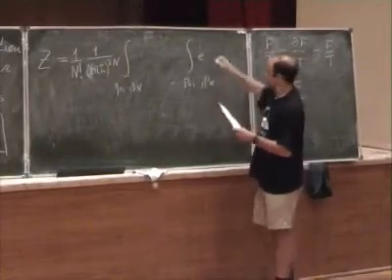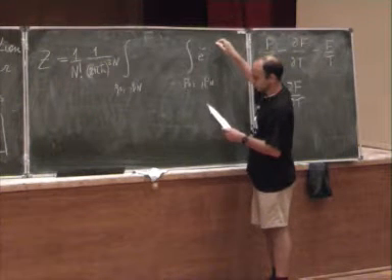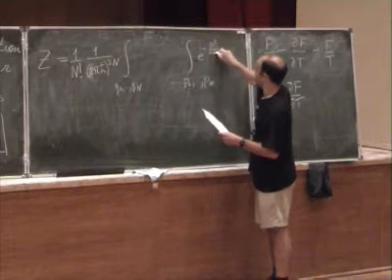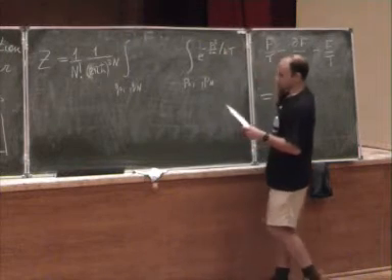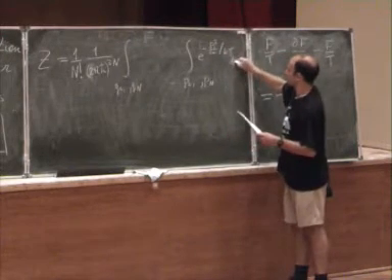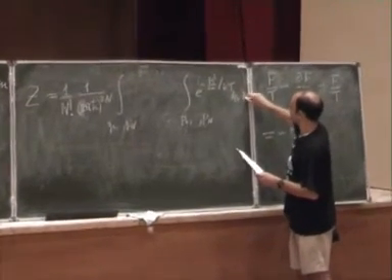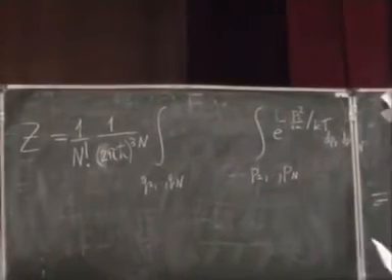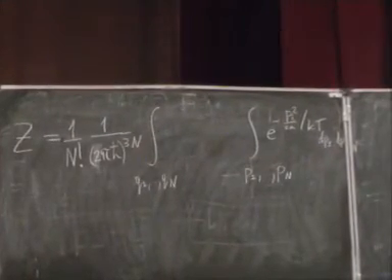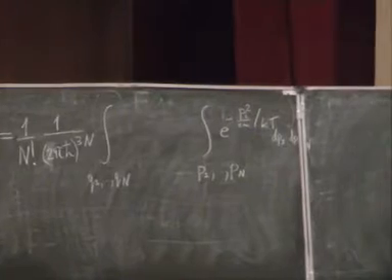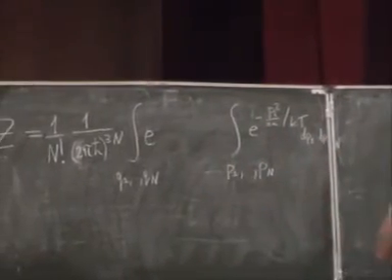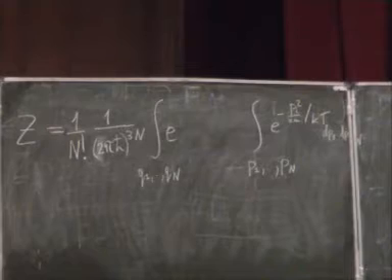This one is easy, it's the usual: e to the power minus the sum of p_i squared over 2m, divided by kT. And the second one is precisely something that we must model.